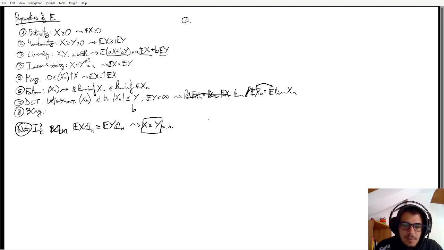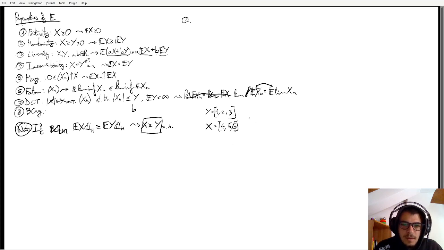So for example, consider y equal to 1, 2, 3. This is its distribution. And x is equal to 4, 5, 6.